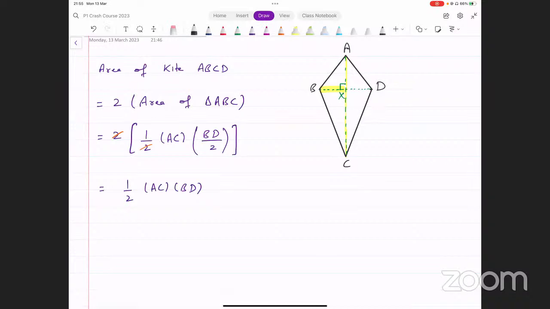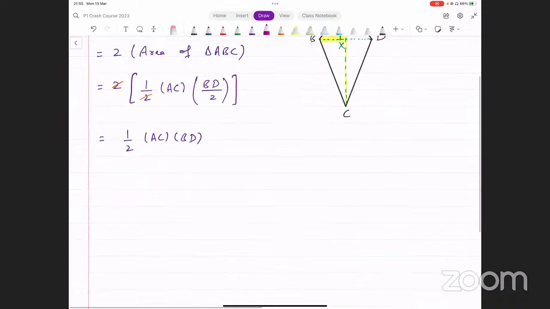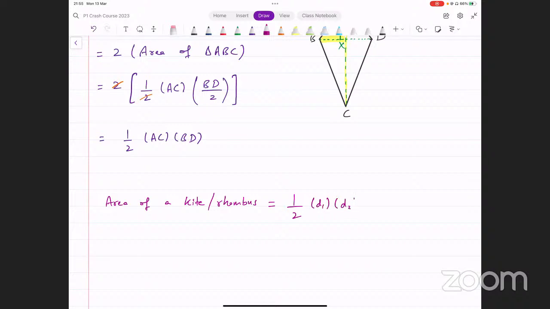And that would look like this. Area of a kite. Now, this formula also works for a rhombus because a rhombus is just a special kind of kite that has all sides equal. It's equal to half into D1 into D2.